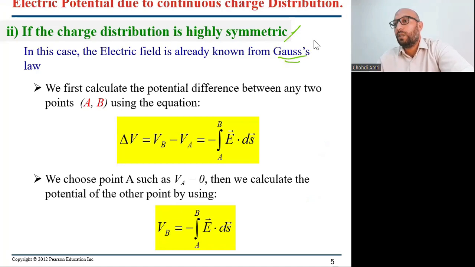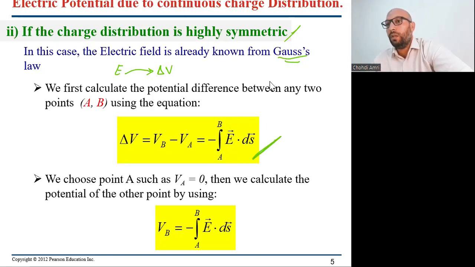the electric field. Starting from the electric field, we can get the electric potential difference. How? You remember that the equation of the electric potential difference is ΔV = VB minus VA, equal to minus the path integral from A to B of E ds.